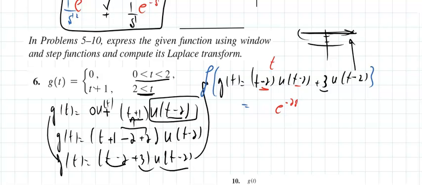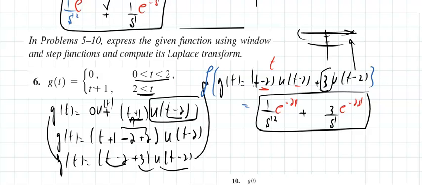That leaves me with t, and the Laplace of t is 1 over s squared. Plus, the shift is taken care of by e to the negative 2s, and the Laplace of 3 is really 3 over s.